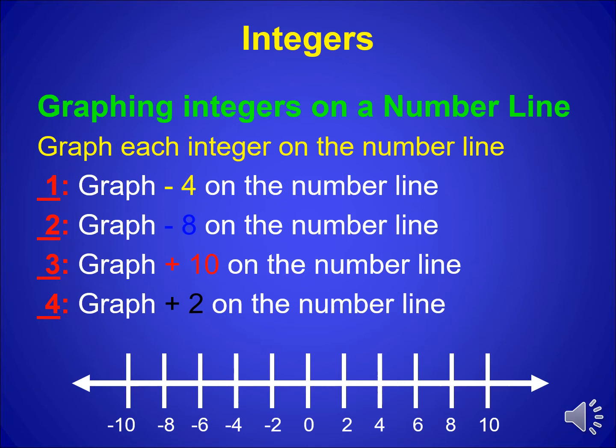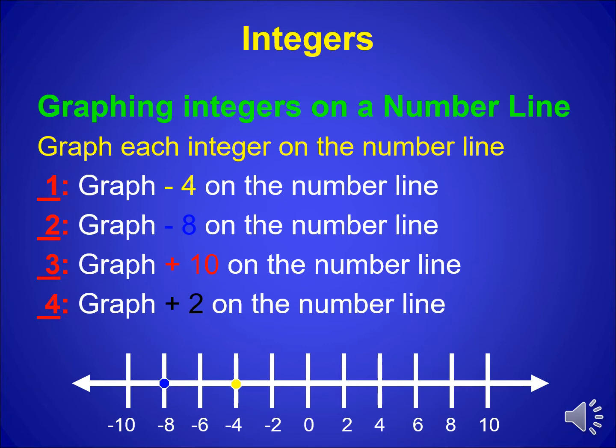Now I need to graph -4. Where is the -4? Yes, here. So I put a point on the -4. Now I need to graph the -8. Where is the -8? Yes, Junior 6. I will put a point on -8. To graph +10, where is the +10? Yes, on the right from the 0.